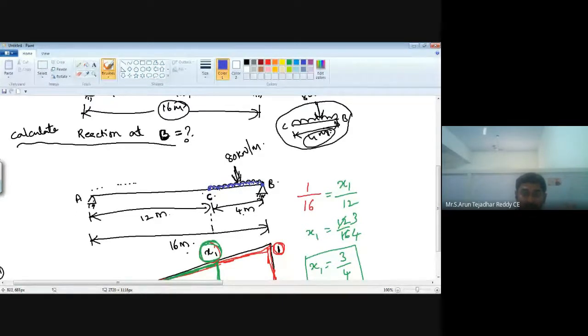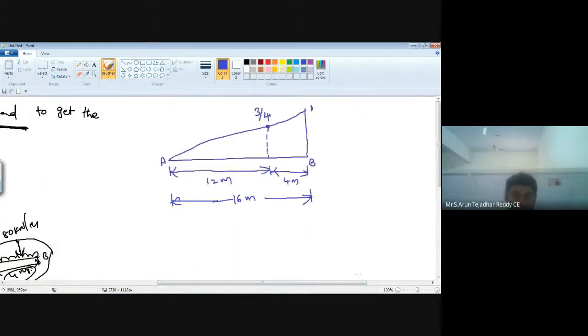If it is UDL, it means total from C to B, we can take full area. This is our C, C to B. Consider this total area, because the load is acting throughout C to B. It means, what is the shape here?